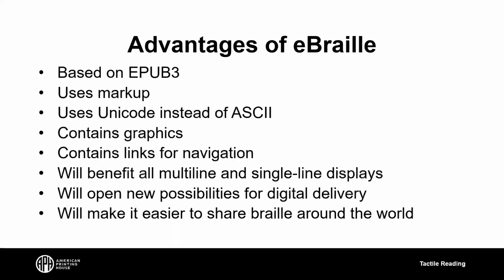So the big thing that's most important, in my opinion, is markup. So you may have never heard of markup, but markup is basically tags in the file that go around the text. So you have your paragraph, and at the beginning of your paragraph, you have this tag, and it's got a P in it. So it's a P tag. And then you have a closing tag at the end, and that's also a P tag.